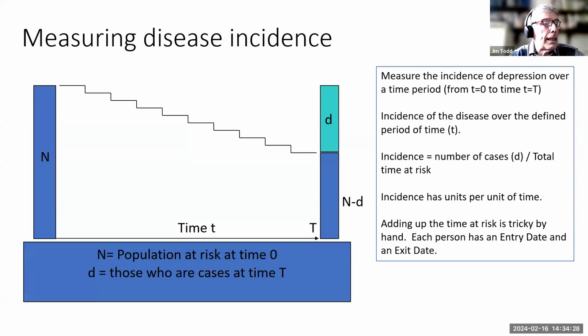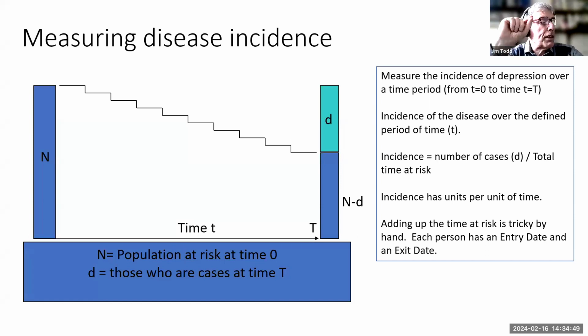And we define that over a period of time. So the incidence will be the new cases, the number of cases that get that disease over the time at risk. And here we have to measure the time between the beginning of the measurement to the end of the measurement so that we can get the proper estimate of the total time.